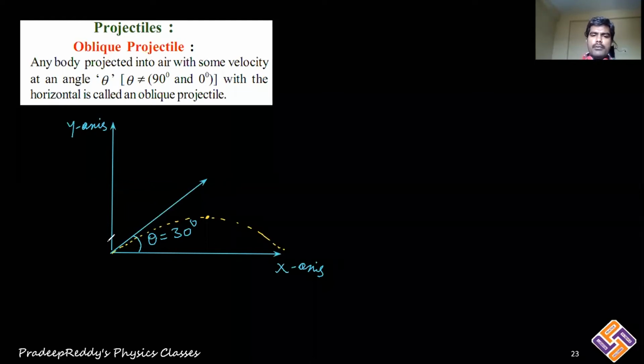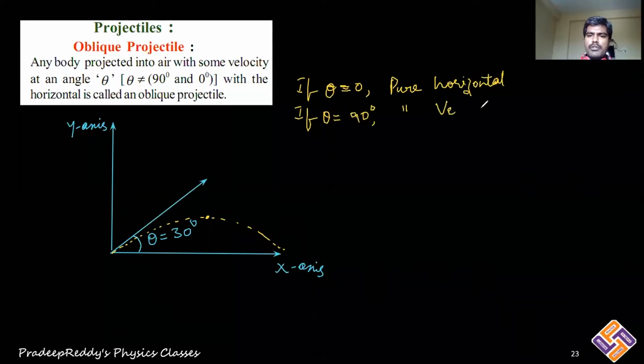Therefore, here we have three different cases. If theta is equal to 0, it is pure horizontal motion. If theta is equal to 90 degrees, it is pure vertical motion.